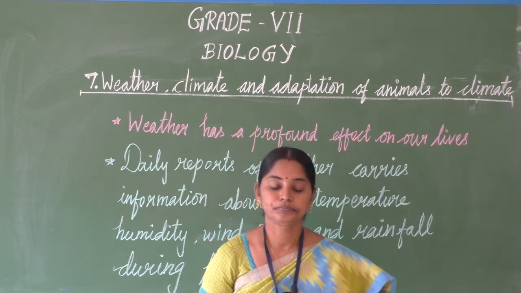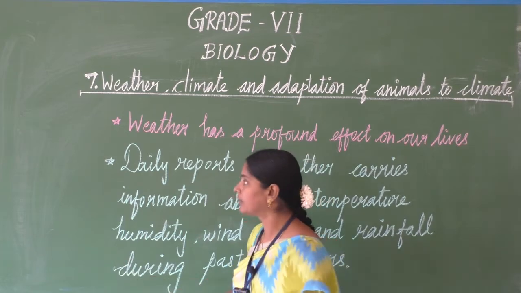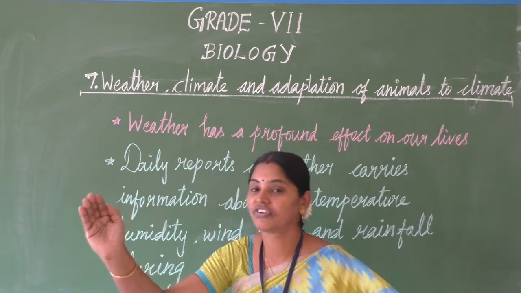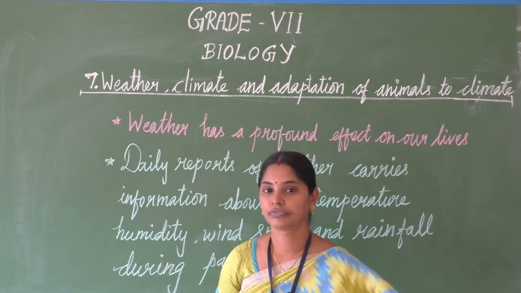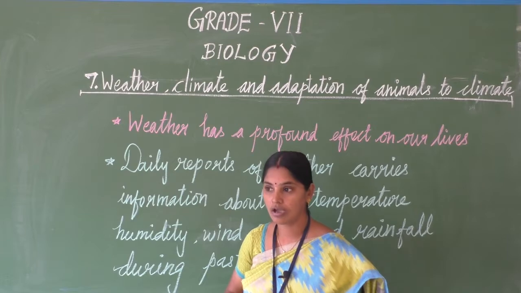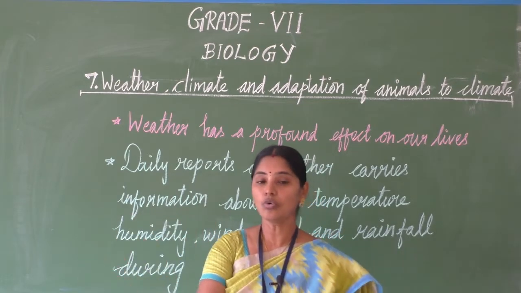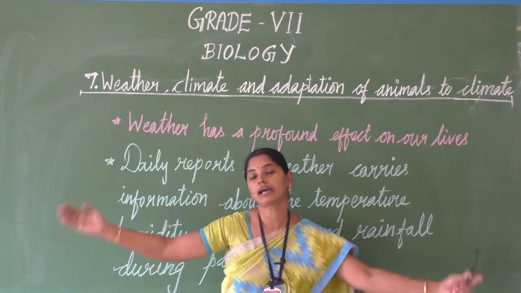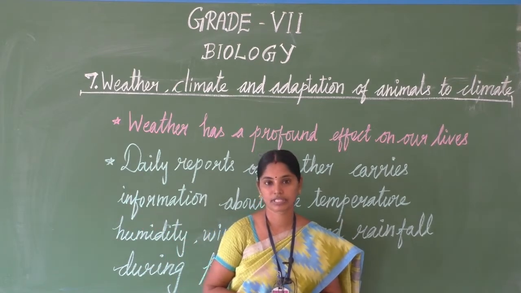In this lesson we are going to see how the weather changes daily. What is the difference between weather and climate? In our world there are different kinds of animals, isn't it?